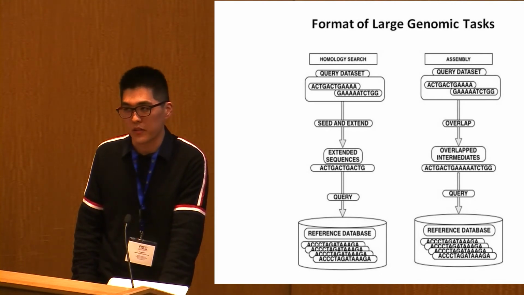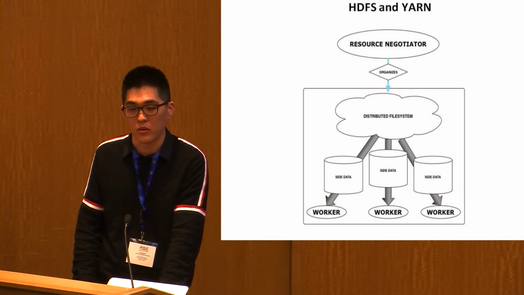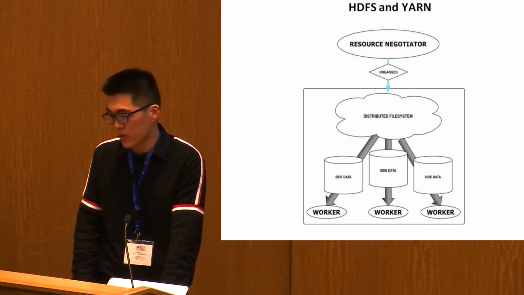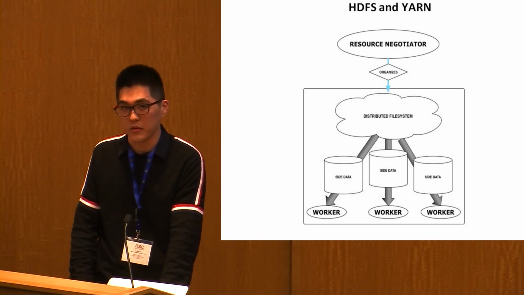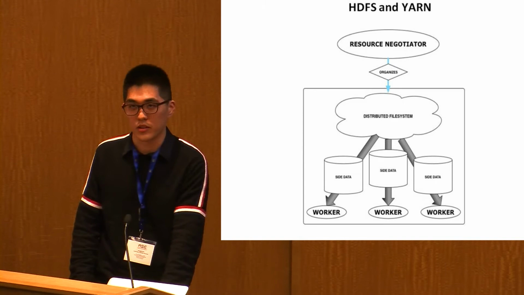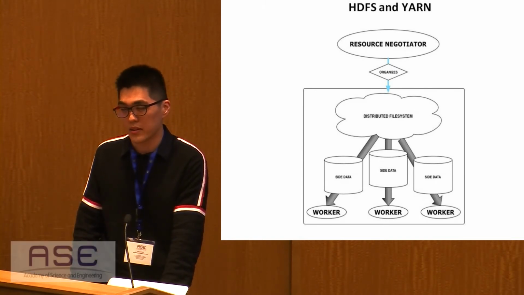But because every single node in the cluster needs to have a copy of the model or the reference database in order to participate in the computation, that tends to cause the network to throttle, because these databases can be enormous, and it's a very large obstacle to scaling, because every single additional node to the cluster will have to bring down its own copy of the side data from the distributed file system that supports it.